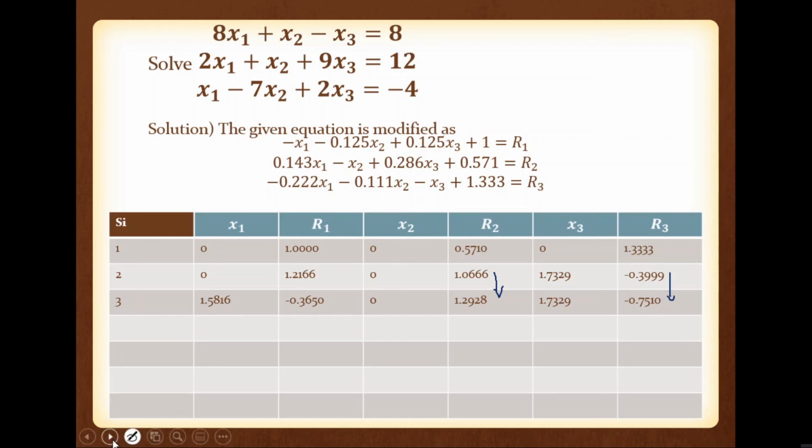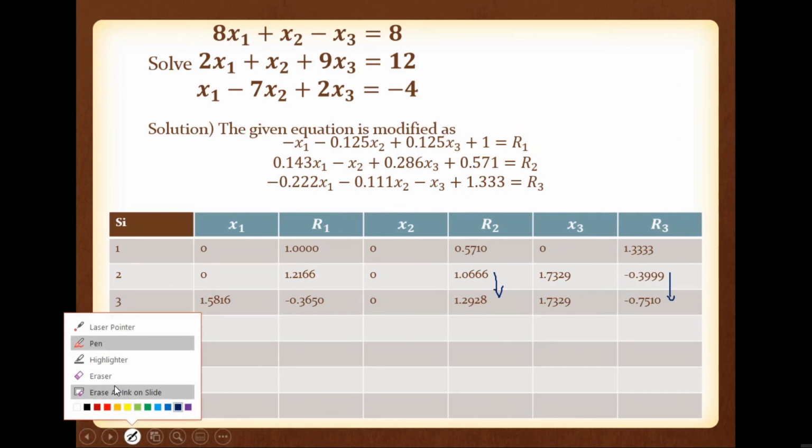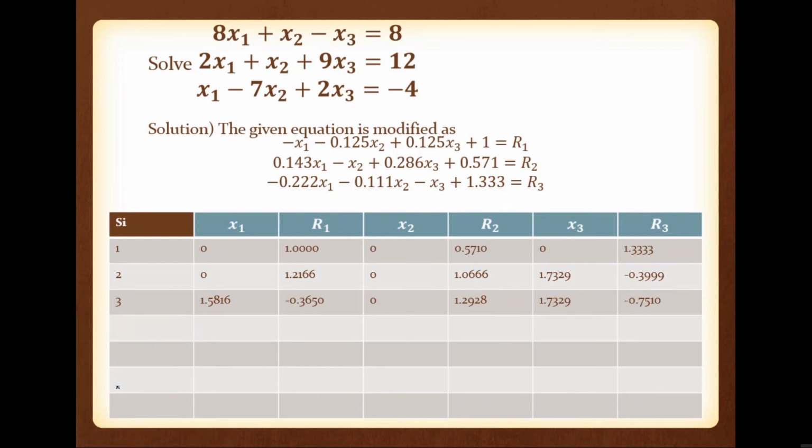Okay. So now, which one is the largest residue? If you are comparing residues, just take the magnitude. So R2 is the largest one. So we have to modify x2.